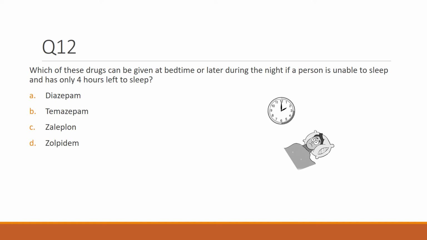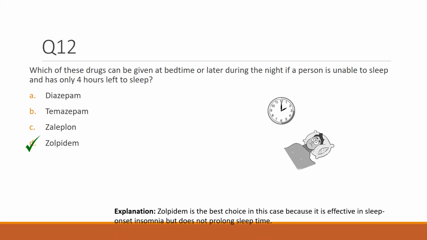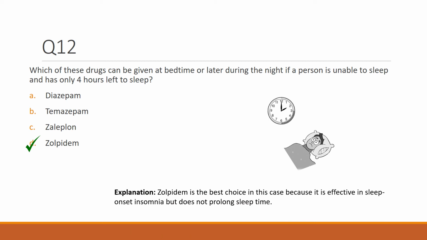And the correct choice is zolpidem. And this is because zolpidem is the best choice in this case, as it is effective in sleep onset insomnia but does not prolong sleep time.